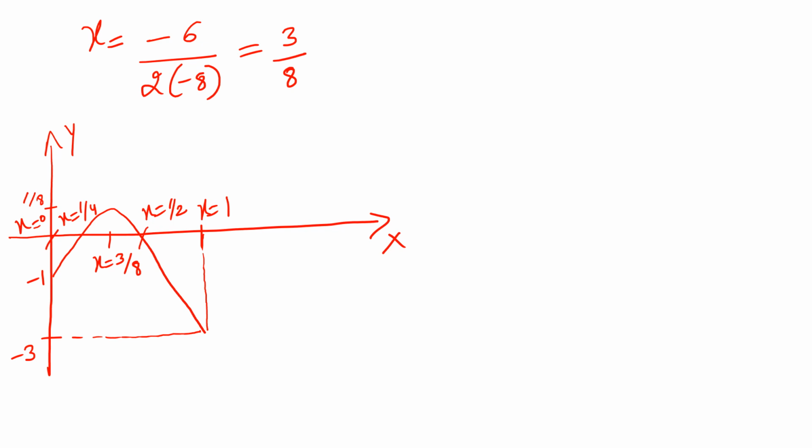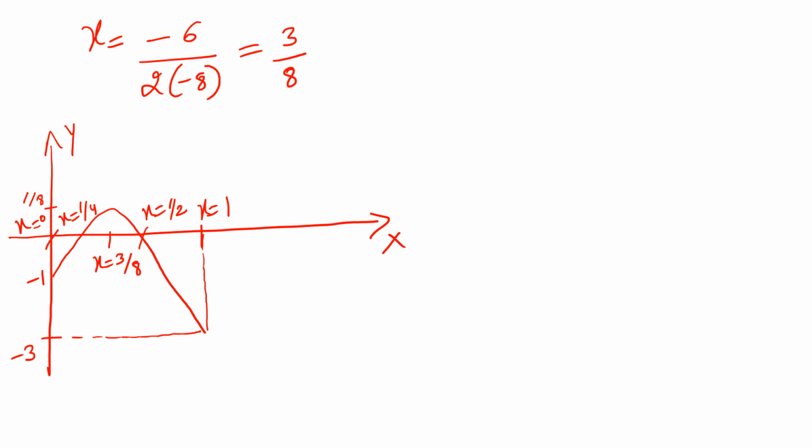Secondly, f of x becomes 0 at 2 points which are known to us, x equal to 1 by 4 and x equal to half. And f of x is equal to minus 3 at only 1 point, which is x equal to 1. And lastly, f of x will be equal to minus 2 again at 1 point only, which we have to find.